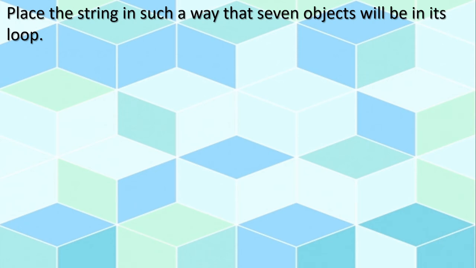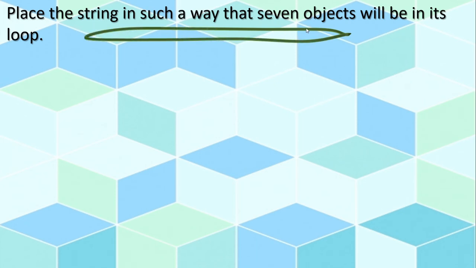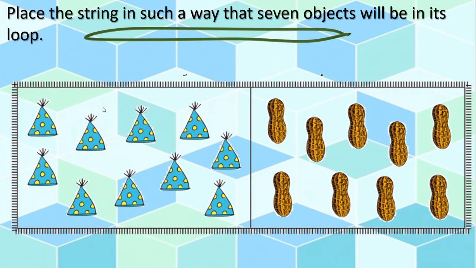Next, again, the same thing is there. Place the string in such a way that 7 objects will be in its loop. Now we have to adjust the loop with 7 objects. Here the objects are, see, caps and peanuts. So many caps are there. We will adjust only 7 in the loop. See this.